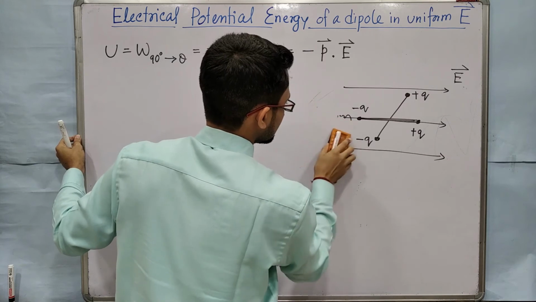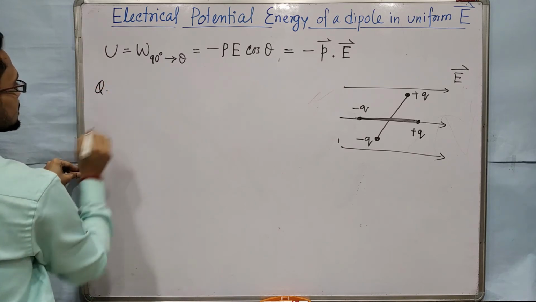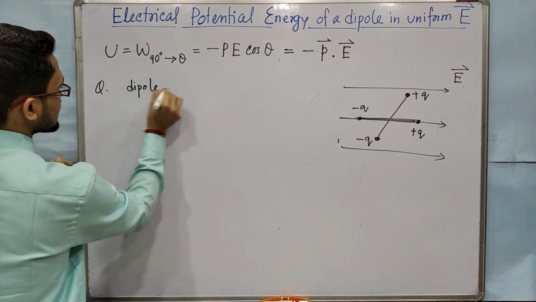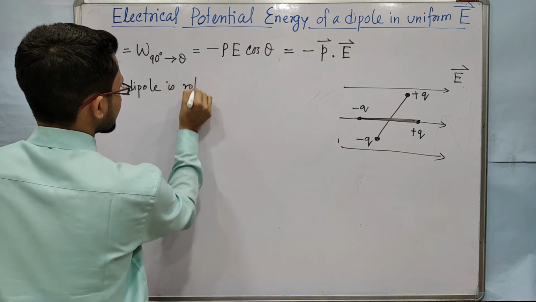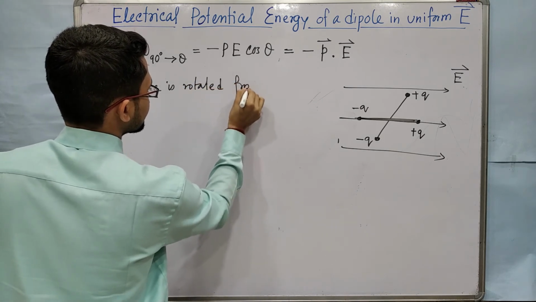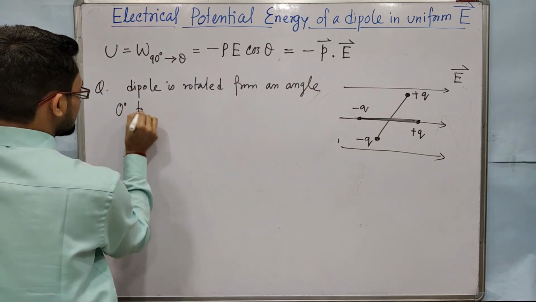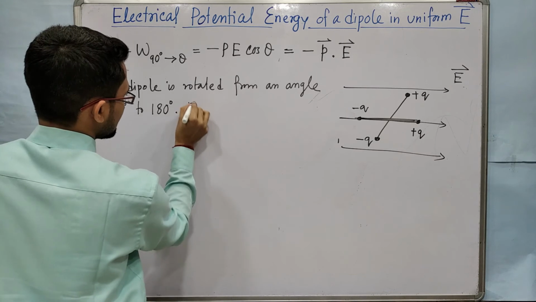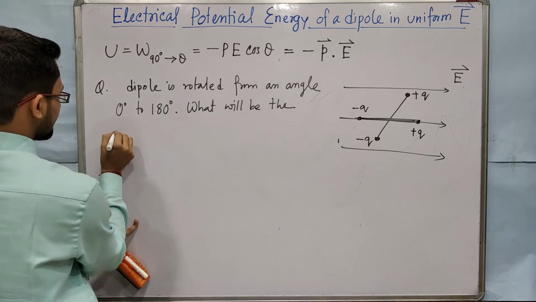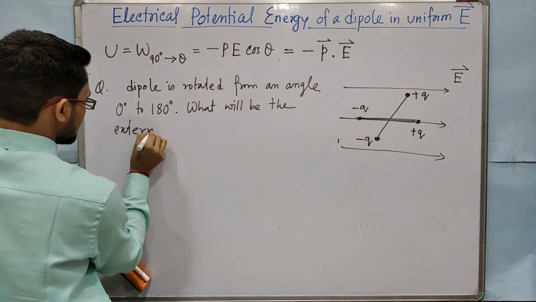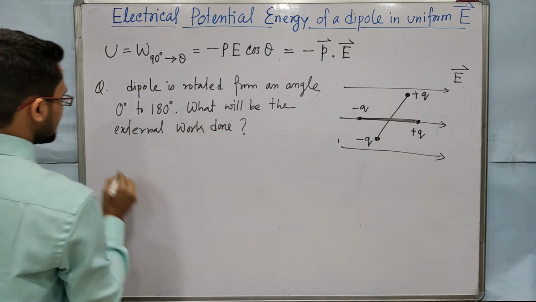Suppose the dipole is rotated from an angle 0 degree to 180 degree. What will be the external work done?